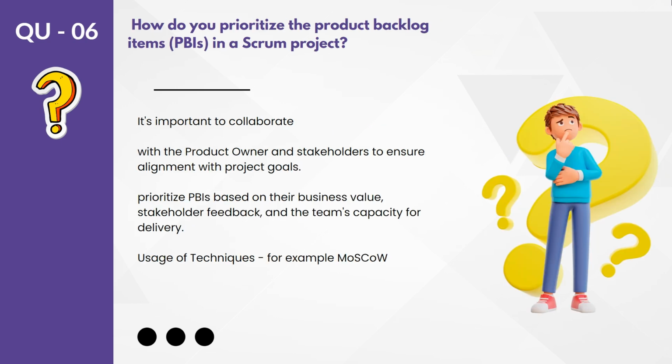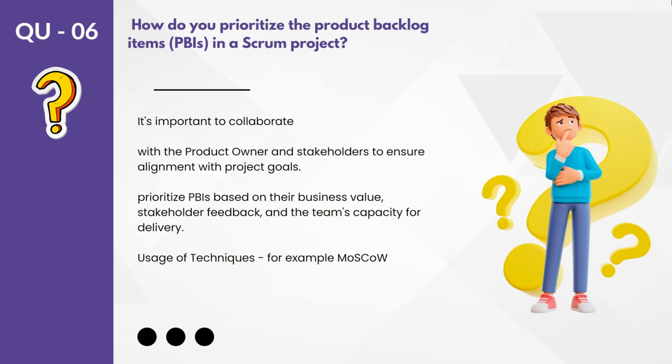Question 6: how do you prioritize the product backlog items in a Scrum project? This is a tricky question, in the sense that if I am a Scrum Master, then ideally I don't have the authority to prioritize until I consult the product owner or stakeholder. So how should you start answering this question?